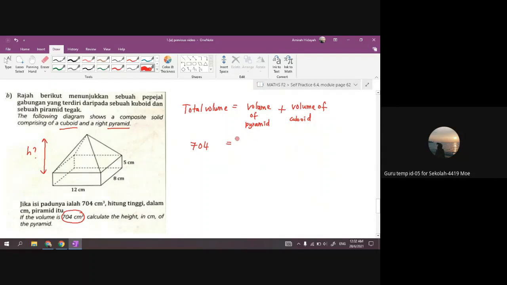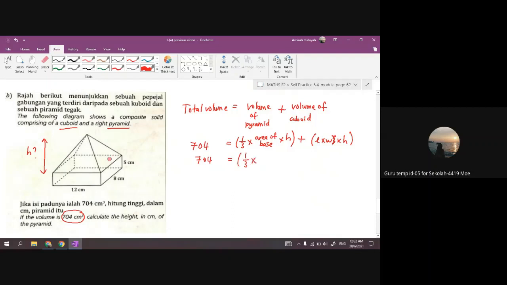So volume of pyramid, kita dah tahu dah formula dia 1/3 times area of base times height, right, plus the volume of cuboid, length and width times height. Okay. So plug in the values.